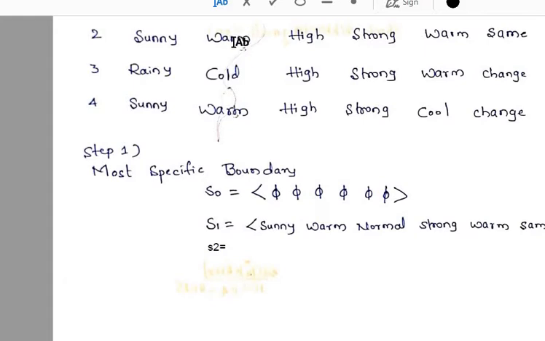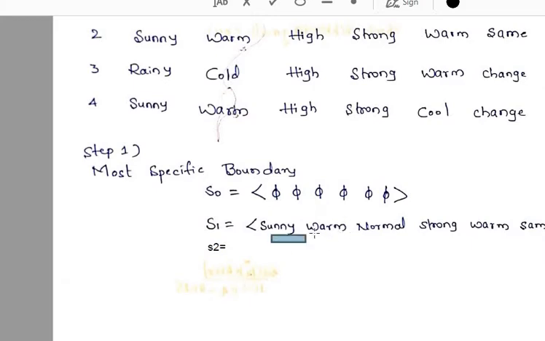Next, warm with warm, it is the same again, warm. Now check, here it is normal, but in the present input it is high. So what do we have to do, whether we have to write normal or high? We cannot write either normal or high, because we have to replace it with question mark, because question mark will give you any kind of values.